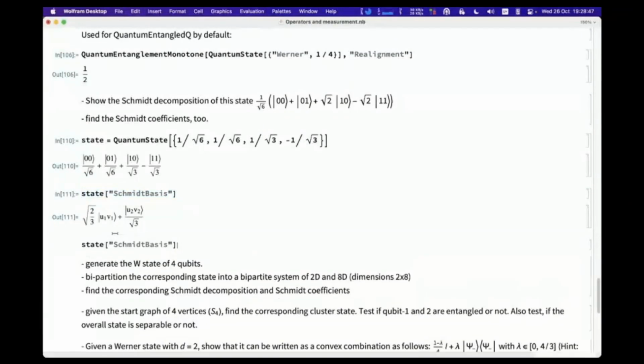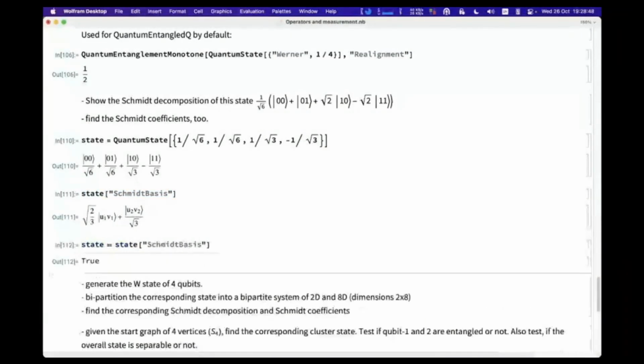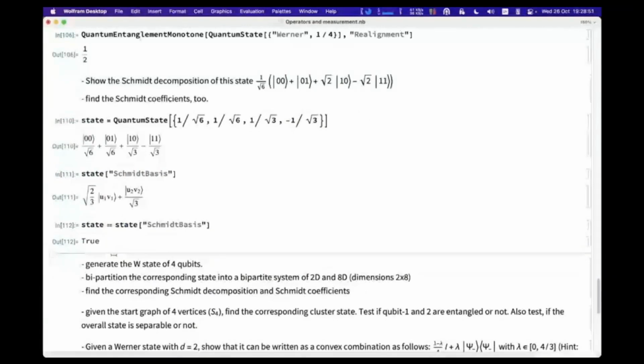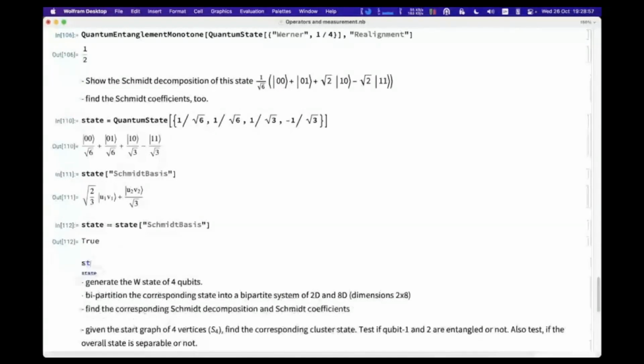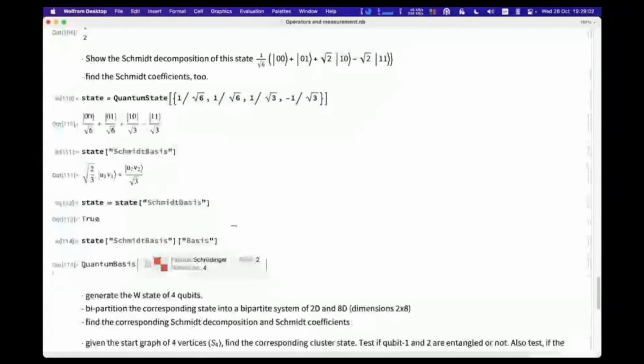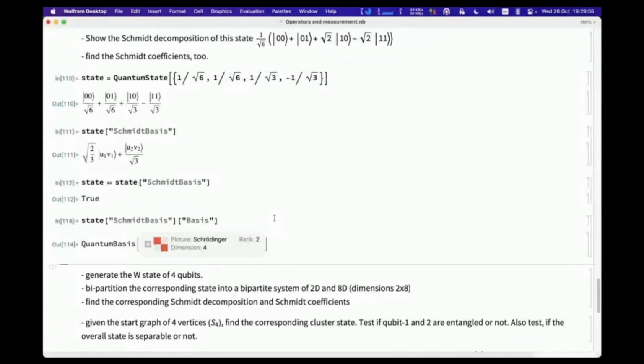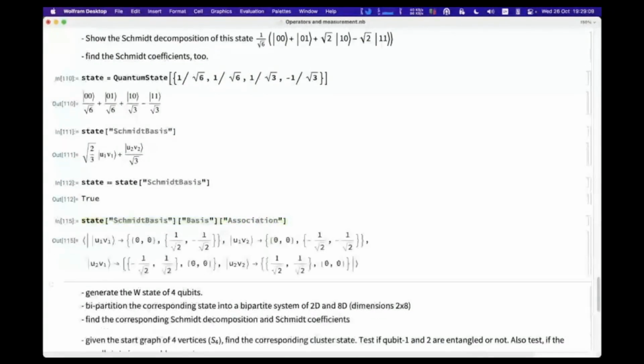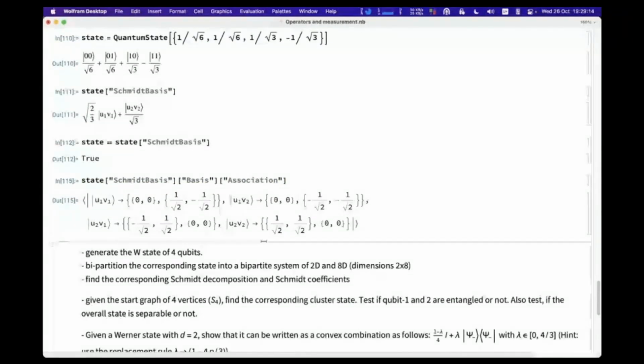In case somebody is interested in those Schmidt bases, we can extract the basis. Let's ask for the Schmidt basis, and let's also look at the association. So this is basically what's happening behind the scenes, a transformation that you can do.